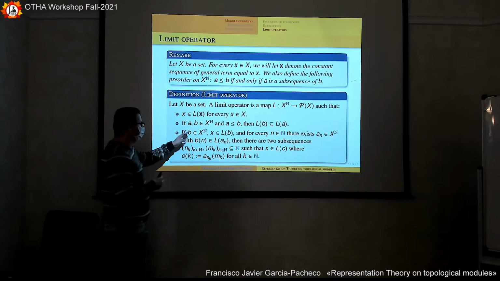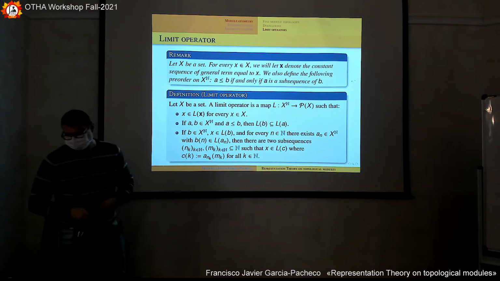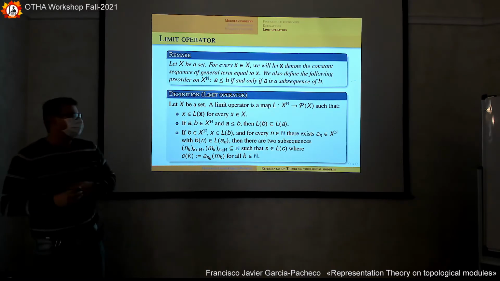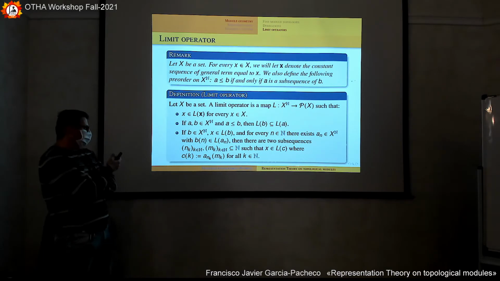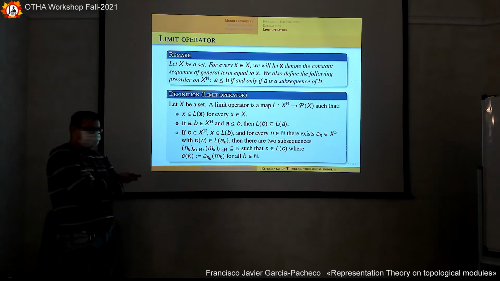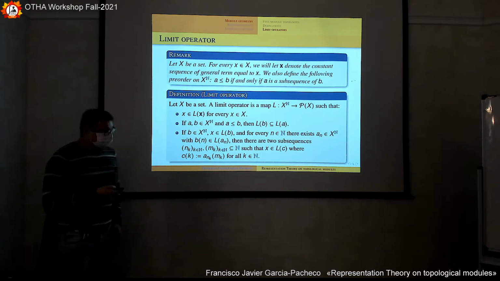This here is a little bit strange, but it really makes sense. This condition is just saying that if X can be approached by B, and every element of the sequence B can be approached by another sequence, then X can also be approached by a subsequence of A_n. This is basically what it's saying.